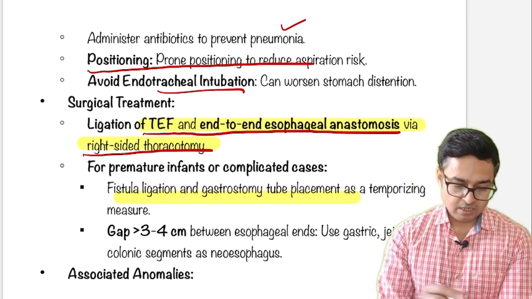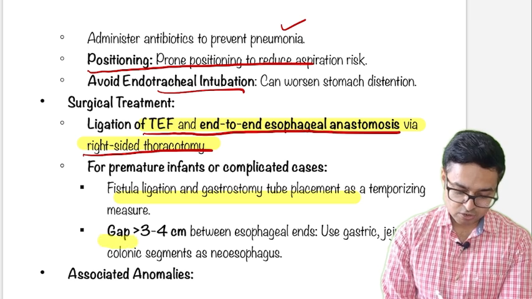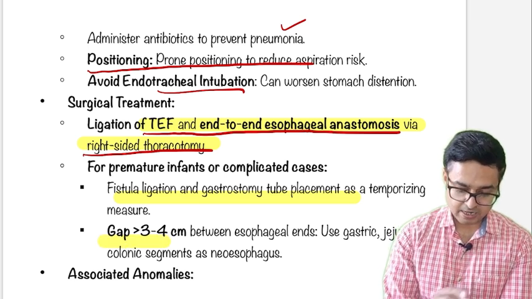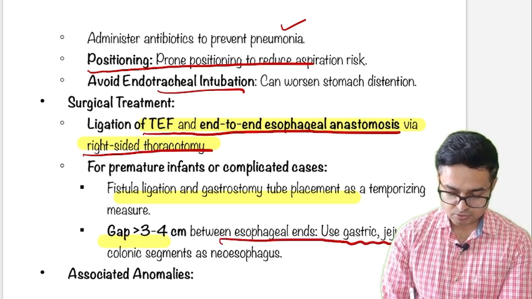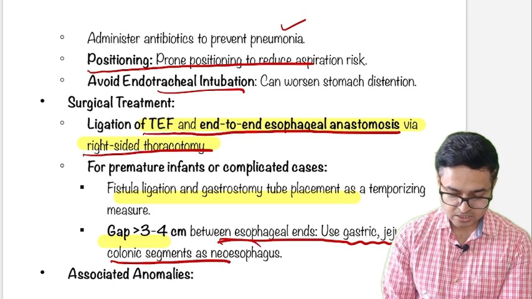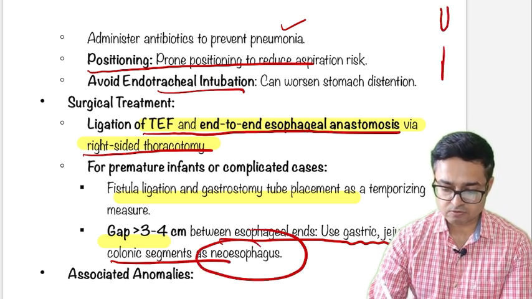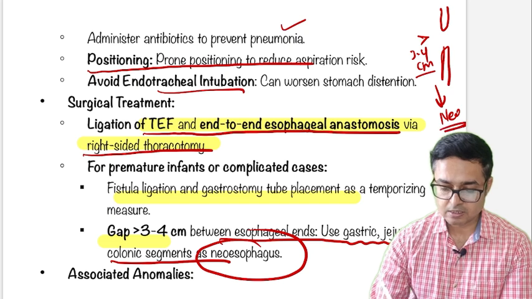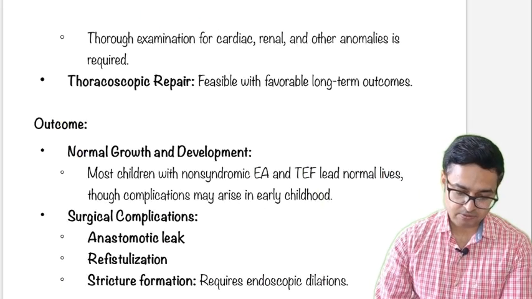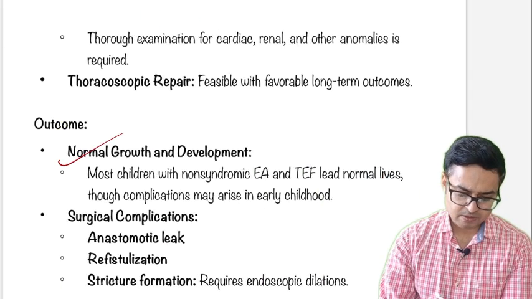Again, the important thing: if the gap between the esophageal ends is more than 3 to 4 centimeters, use a gastric, jejunal or colonic segment as a neoesophagus. This is an important concept. The outcome is good.